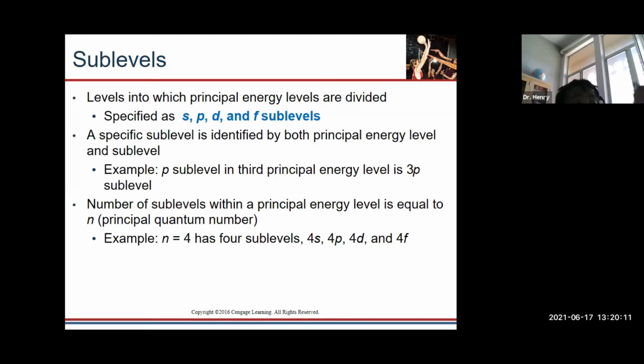The sub-level, as I told you, you have an S, a P, a D, and an F. I'm going to break this down for you on your periodic table.